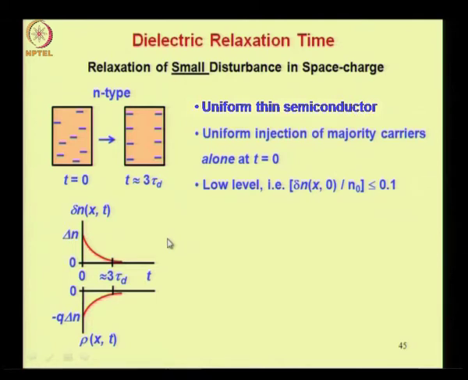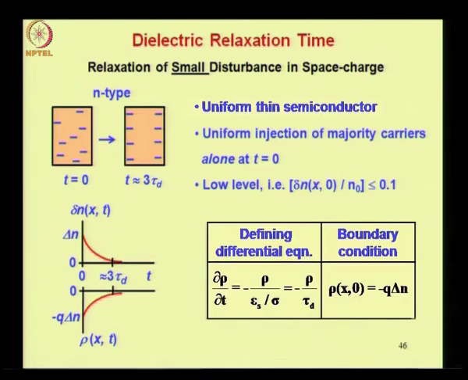Now we will show that the defining differential equation would be of the similar form to that we just discussed, namely it will be a first order differential equation, okay, in time. So this would be given by dou rho by dou t, here rho is the space charge, equal to minus rho by the dielectric relaxation time, which is given by epsilon s, that is the permittivity of the semiconductor divided by the conductivity of the semiconductor.